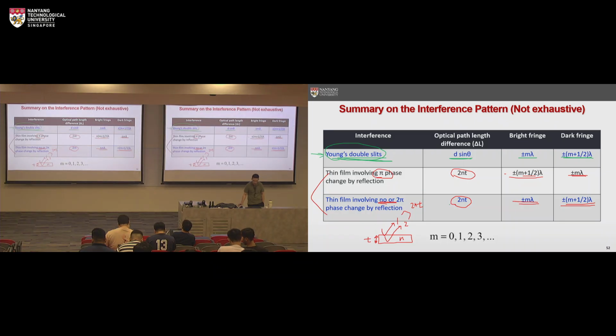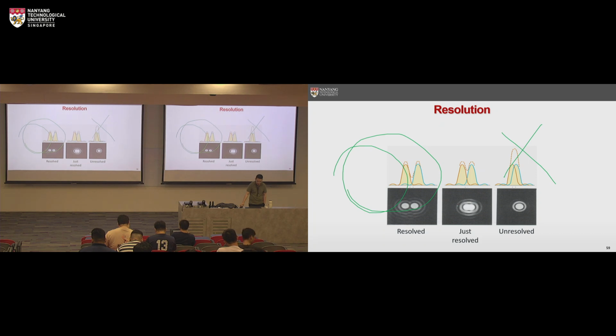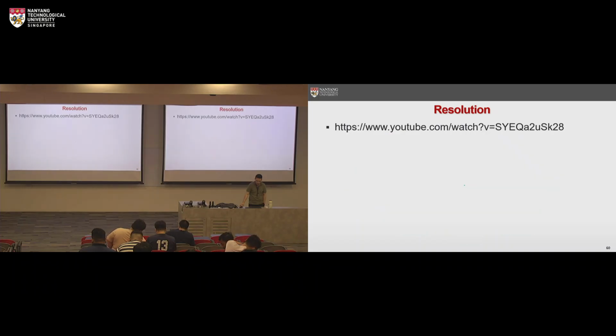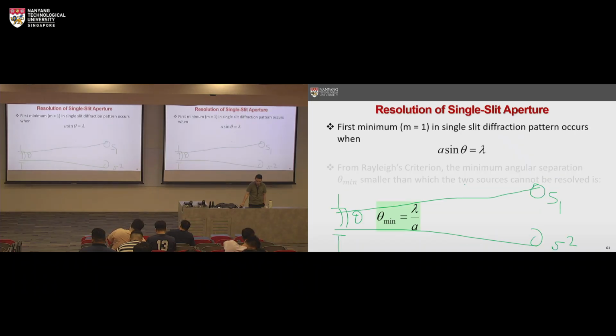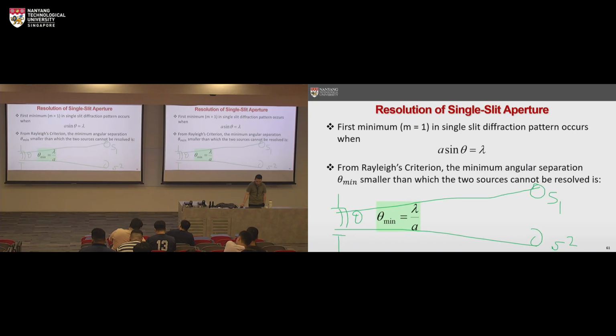So in summary, you have this table to help you summarize the two types of interference that we are talking about in this course. The last topic today is on resolution, which basically means that when the light passes through a small aperture and creates, let's say, two images on the wall, how am I able to resolve it?